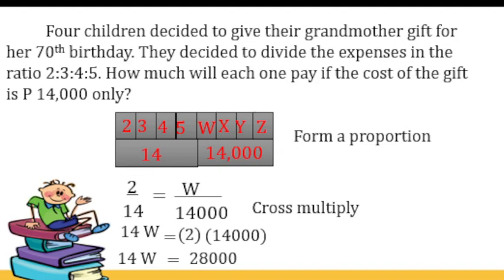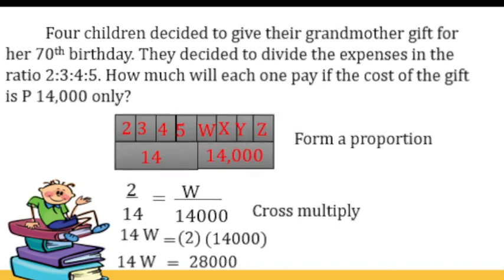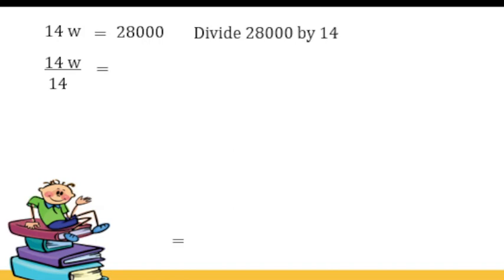You divide 28 by 14, that is 2, and then add 3 zeros. So W is equal to 2,000. Wilhelmina's part is 2,000.